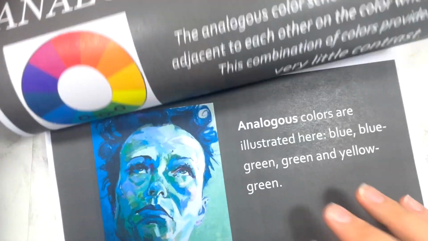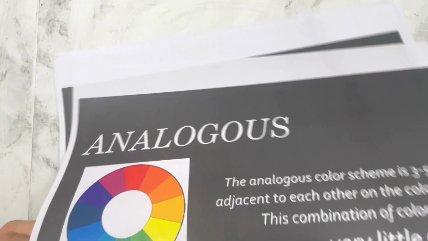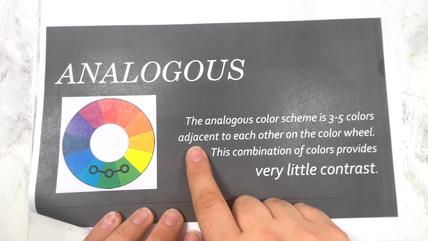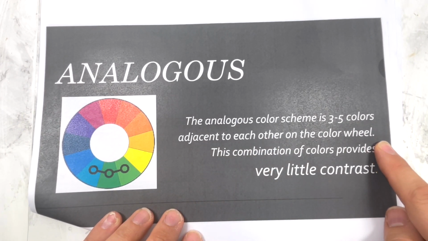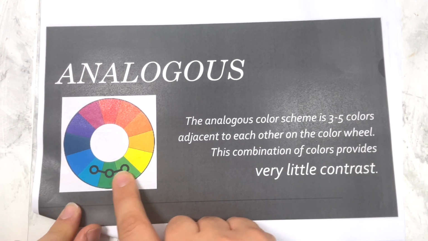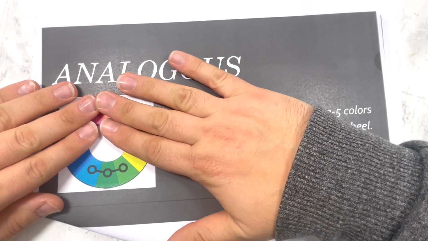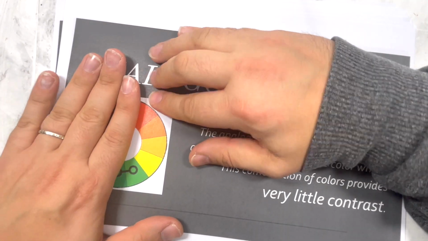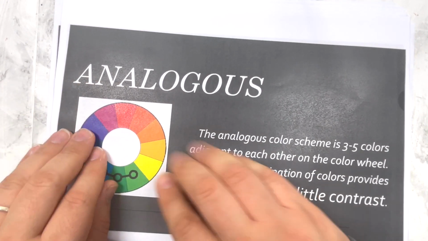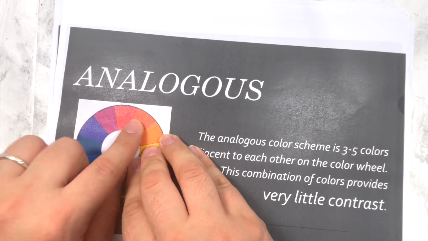Another one: analogous. Analogous colors are the three to five colors adjacent to each other on the color wheel. This combination of colors provides very little contrast. So analogous are these three, or these five. They have to be the colors that sit next to one another.